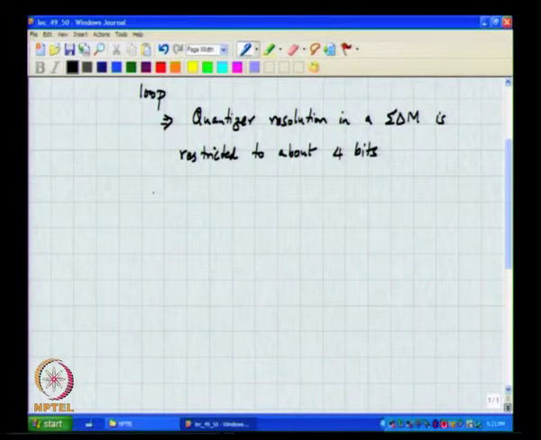So, one common aspect of these 4 bit flash converters used in delta sigma modulators is the following. So, let us discuss comparator offsets. So, if the comparator offset in a flash converter is large, what do you think will happen?